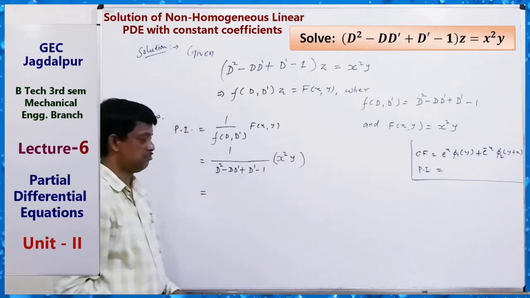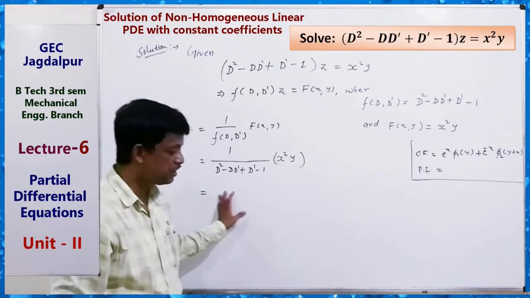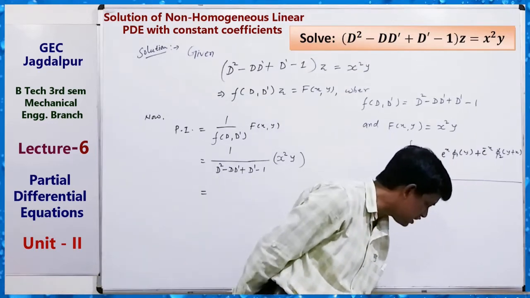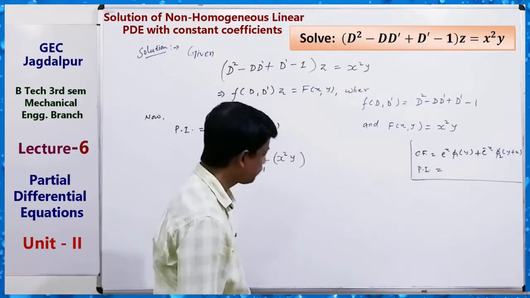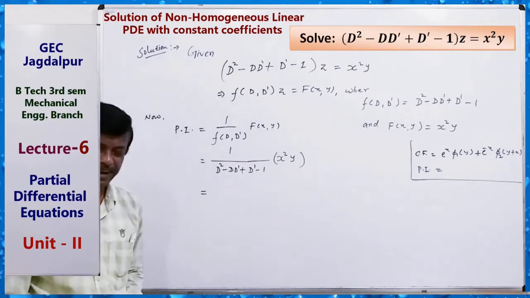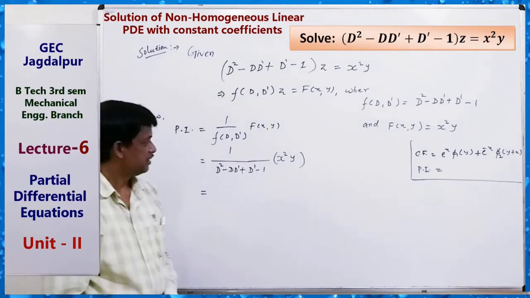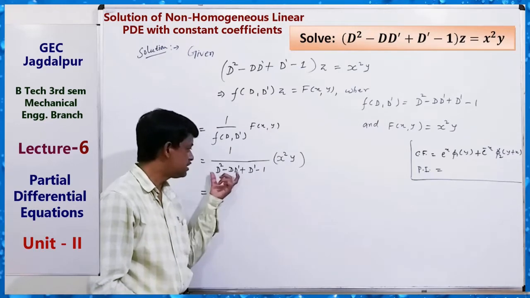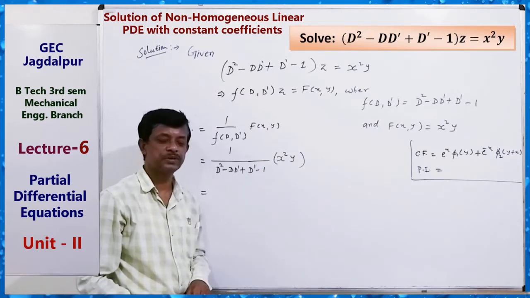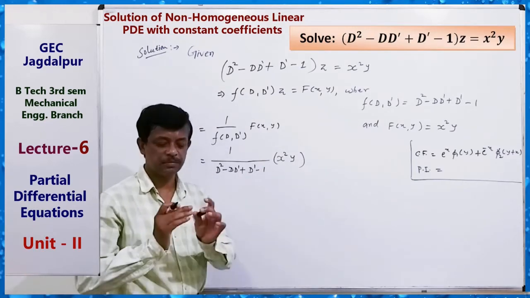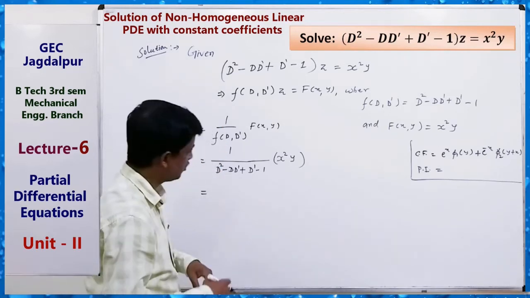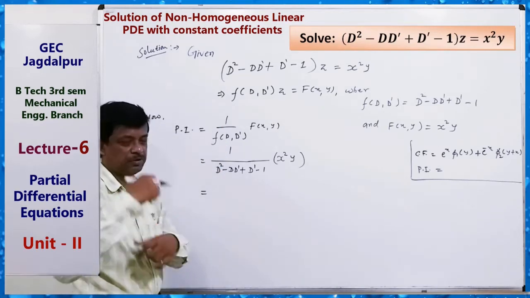So here, since we have to convert it into binomial expansion, we can expand this expression by binomial expansion. How? 1 plus something to the power minus 1, or 1 minus something to the power minus 1.